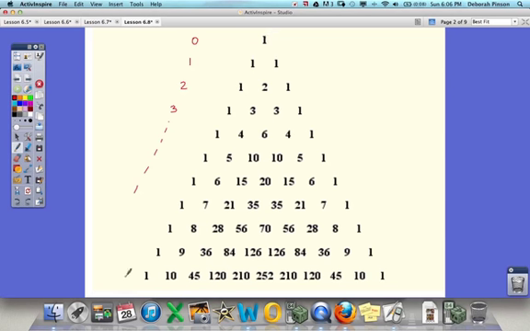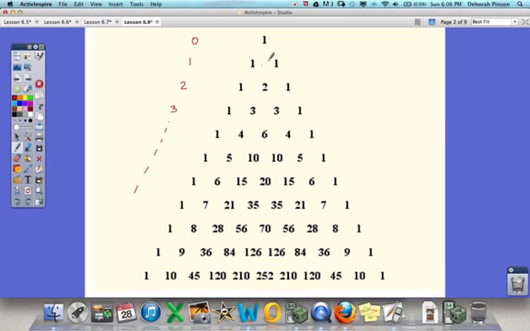See how you've got ones on the diagonals here. Now, from this point on, if you ever add up any two numbers, the number between them underneath is them added together. So see, 1 plus 2 is 3. 3 plus 3, 6. I'm just picking a couple of them. 6 plus 15, 21.